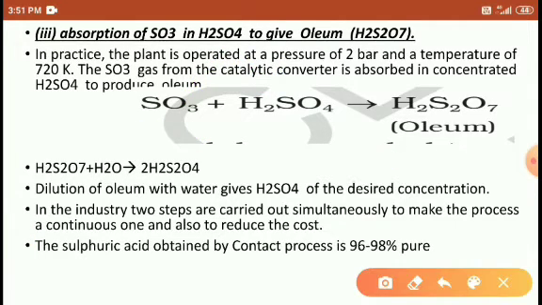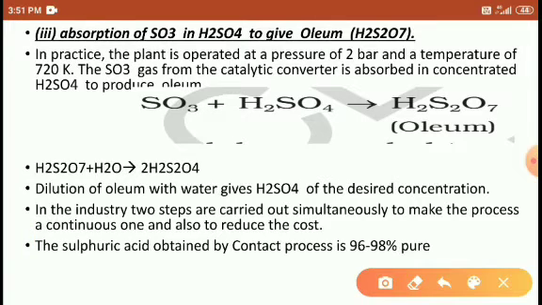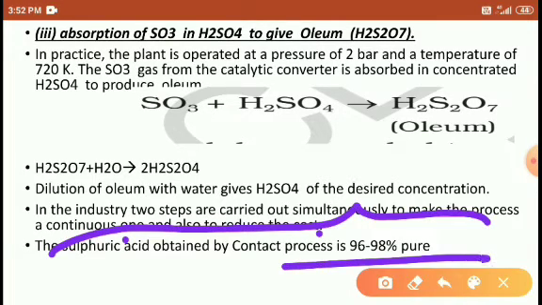Next, the oleum is diluted with an equal amount of water, which forms 98% sulfuric acid. The dilution of oleum with water gives sulfuric acid of the desired concentration. In industry, the two steps are carried out simultaneously to make the process continuous, and sulfuric acid is obtained at about 96%.